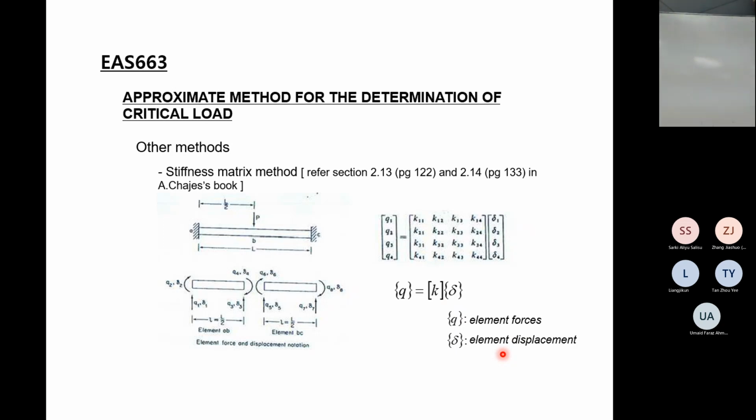This is a member subjected to the load P at midspan, so the member will bend, and we can solve this using stiffness matrix methods. What we would like to see in our EAS663 is to extend these element stiffness equations further to include the effect of the existence of axial force.